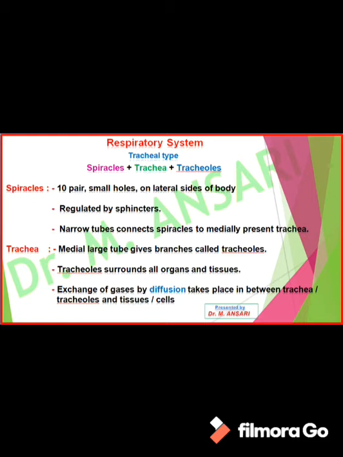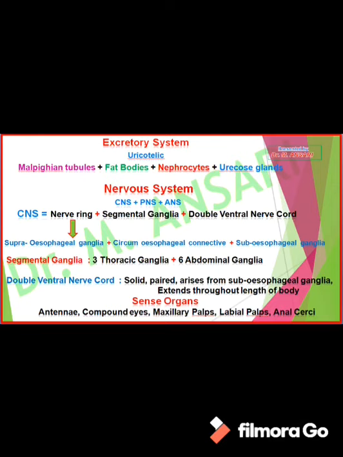Like the respiratory system, another system we have to study in cockroach is the excretory system. Its excretory system is uricotelic because it excretes uric acid as nitrogenous waste. It consists of Malpighian tubules, fat bodies, nephrocytes and uricose gland.